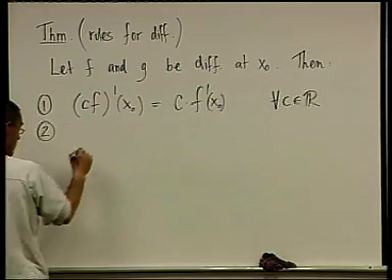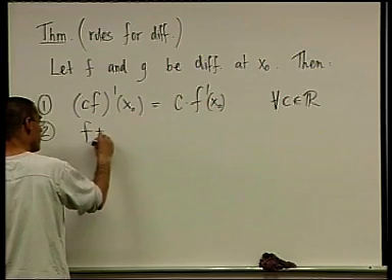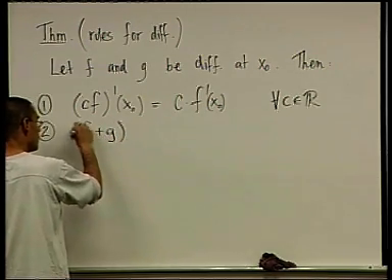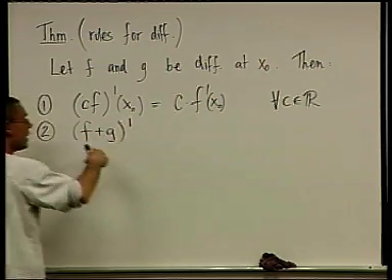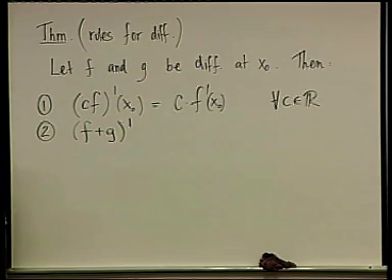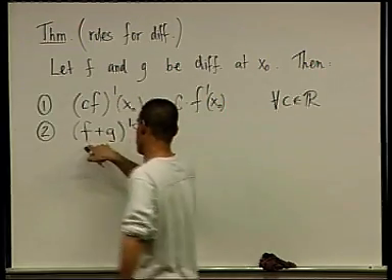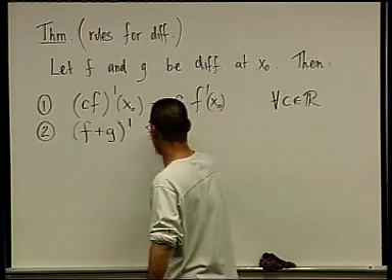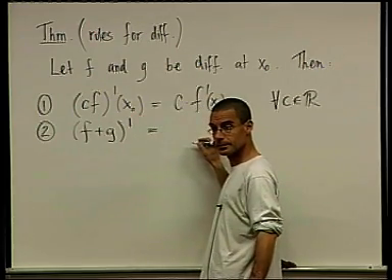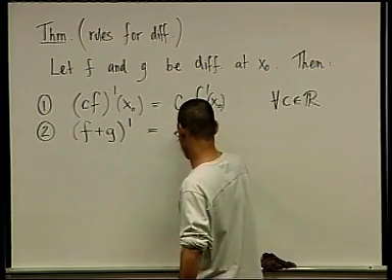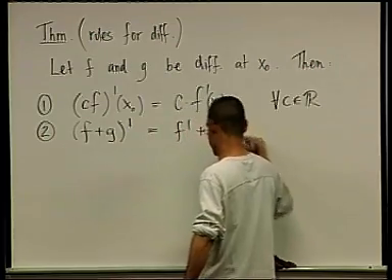2. If you take the sum of two functions, f plus g, and take its derivative, let me not write the x0 all the time, because it's easier to remember when you don't have to say out loud the x0. So (f plus g) prime equals what? Right, f prime plus g prime.